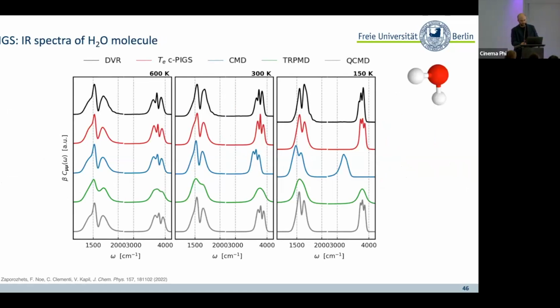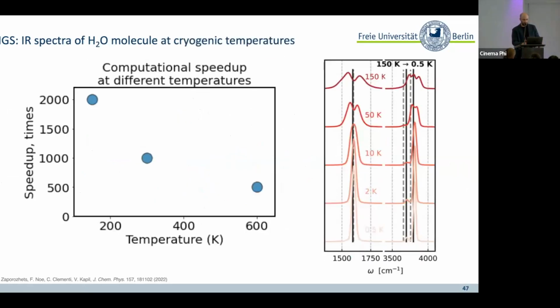The same story, basically, if we look at something more realistic, like a water molecule. In the case of a water molecule, we can still recover the correct spectrum and correct for the redshift effect. And as was mentioned, this becomes more and more efficient as soon as we move to low temperature. We can also reach cryogenic temperature, where some experiments are normally performed, just by using this temperature elevation ansatz and still recovering the correct distribution at the cost of a standard molecular dynamics simulation.